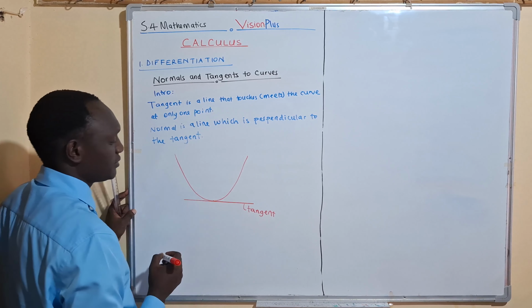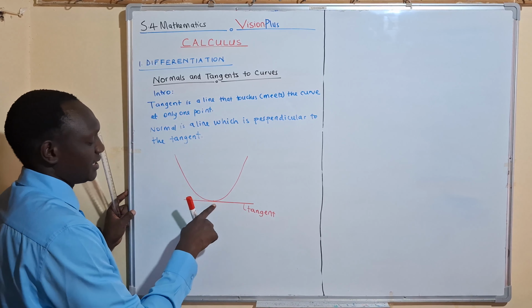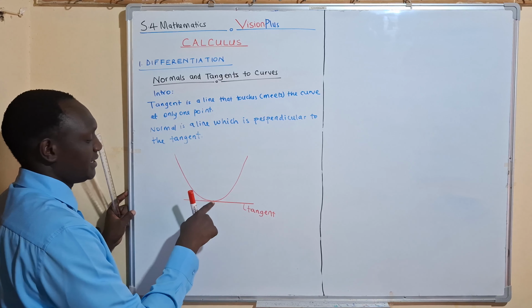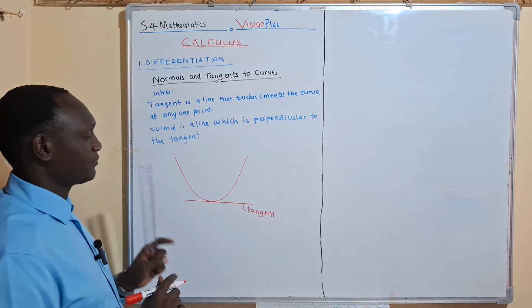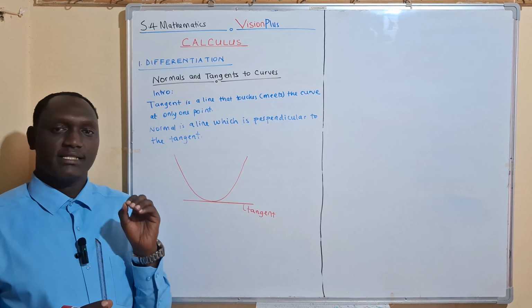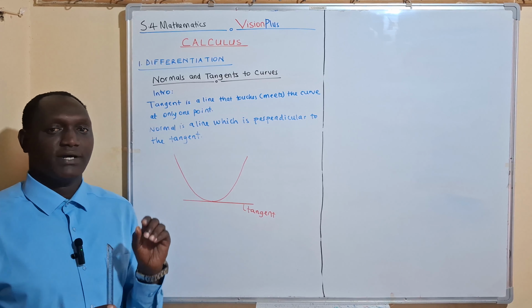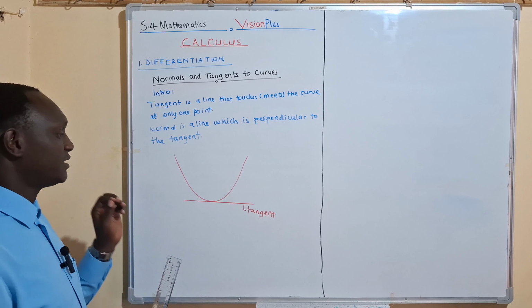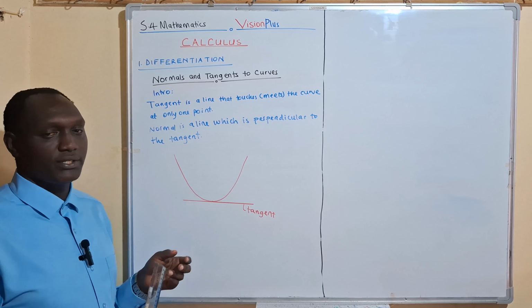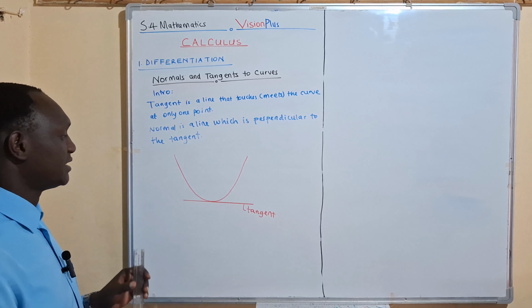This is the point of tangency. This is the point where the tangent touches the curve. So the tangent is that line which touches the curve at only one point. If it touches the curve at more than one point, it is not a tangent.